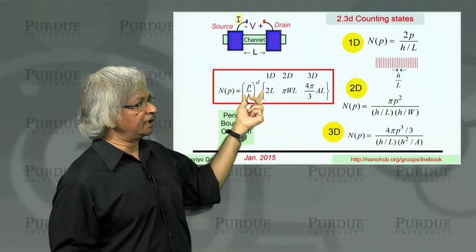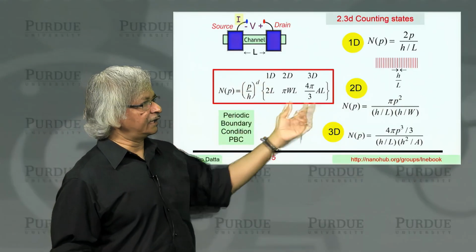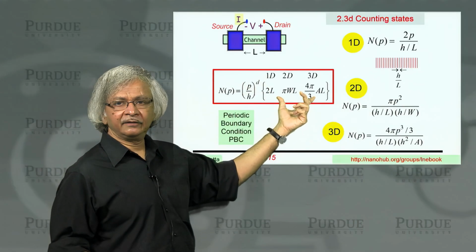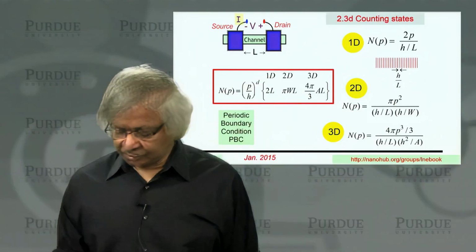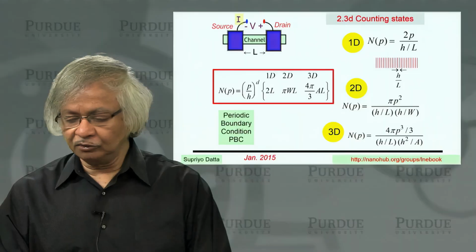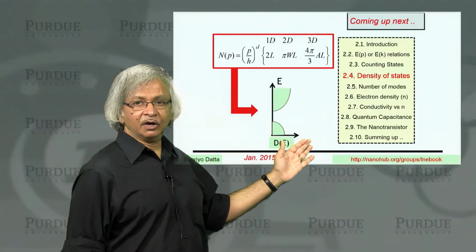So that's what we have written out here as p over h to the power d, and then the other factors are all in here. So this is the function that we'll now use in the coming lectures to get on to what we really want to find, which is, say, density of states and number of modes.